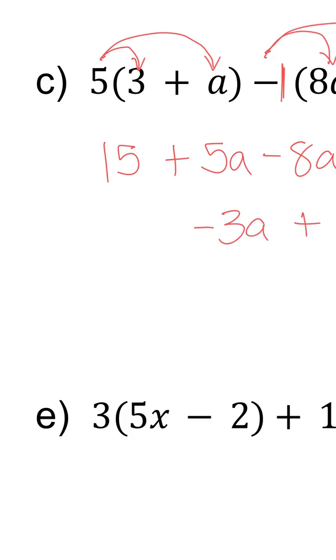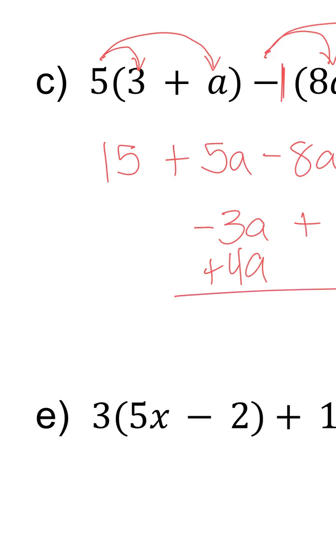Good. Now we can get our a's on one side and our 6 on the other. So which one should we move? Either one is fine. What do you think, Garrick? We add 4a. Okay, add 4a.